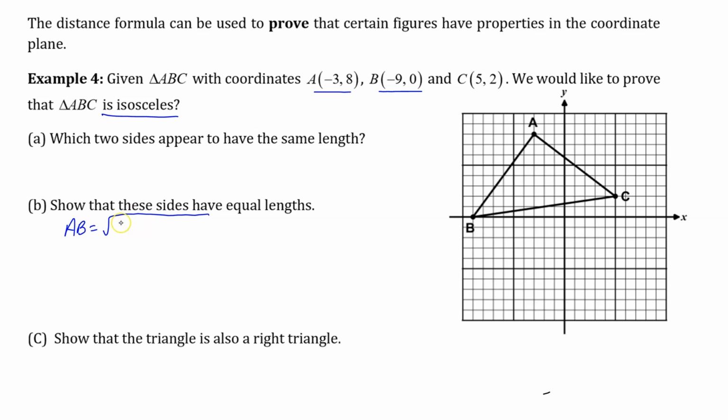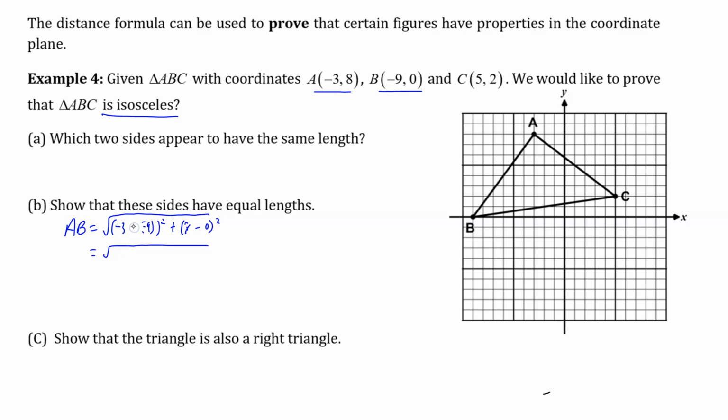So let's do -3 plus -9, all squared, plus, again, I started with a -3, so I'm going to have to start with 8 here for the y's, so 8 minus 0 squared. So take the square root. -3 plus -9, I'm sorry, whoops, I realized I made this a plus.